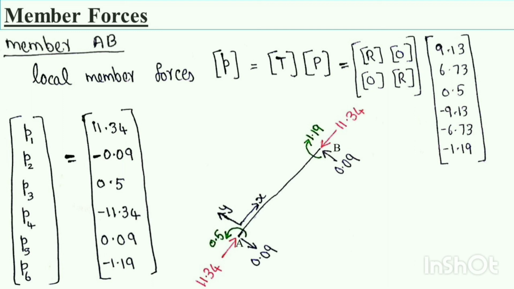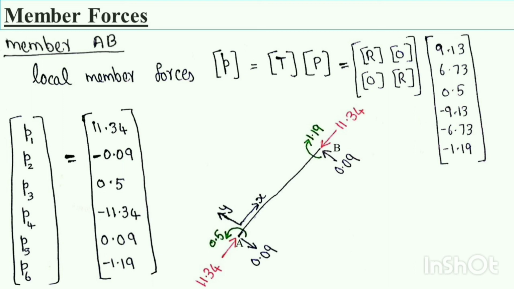Multiplying this, the forces will be 11.34, minus 0.09, 0.5, minus 11.34, 0.09 and minus 1.19. In the figure you can see how these forces are marked in local xy direction. In the previous case it was marked in global xy direction, or global coordinate direction. Now it is marked in local coordinate direction.